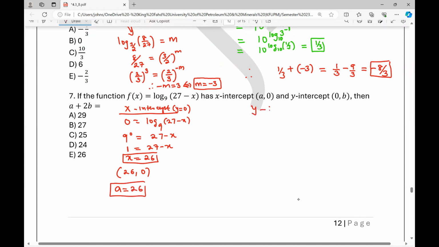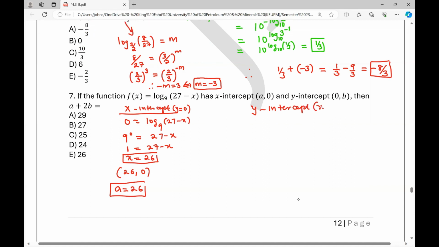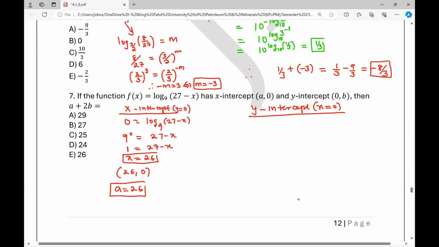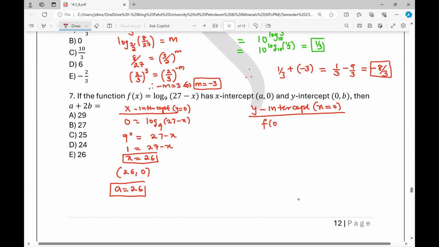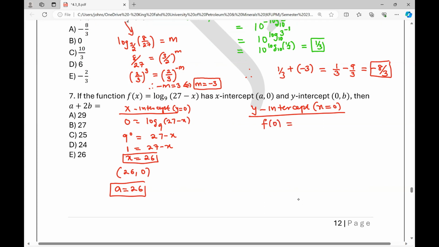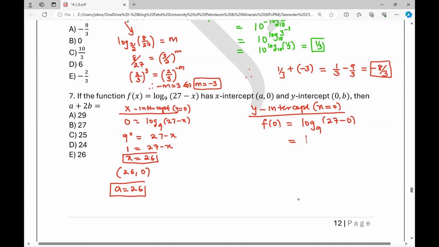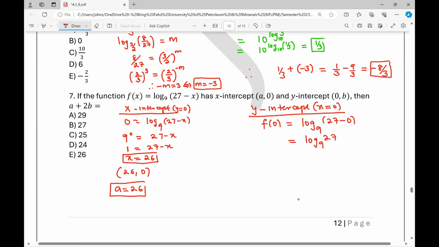And for the y-intercept, we're going to take x to be 0. So which is going to be f of 0. And that simply means log base 9 of 27 minus 0, which is just log 9 of 27, right?